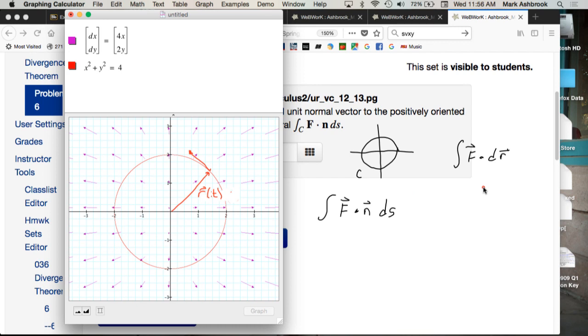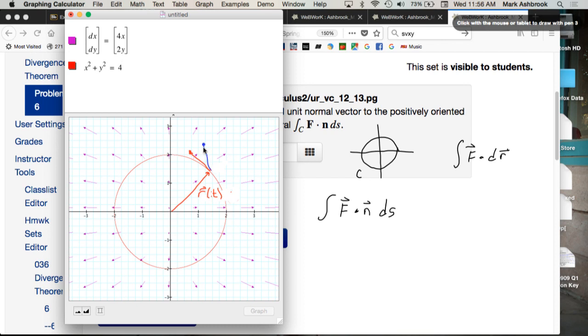What is F dot dr going to be? So I'm looking at, say, what's the vector F at this point? It's something like this. So what does F dot dr achieve? It could be anything, right? I'm not asking for an answer like that.